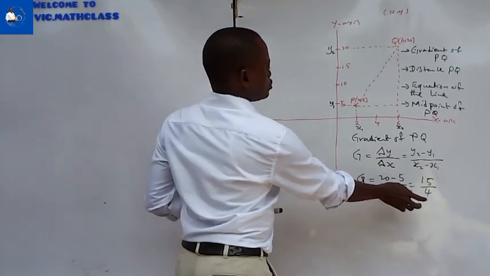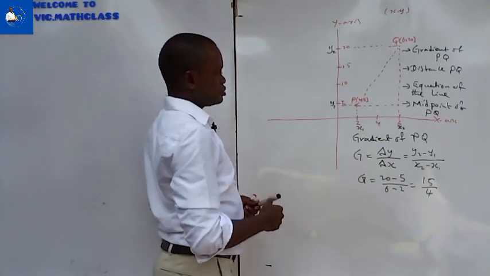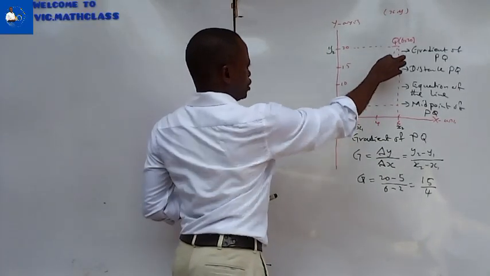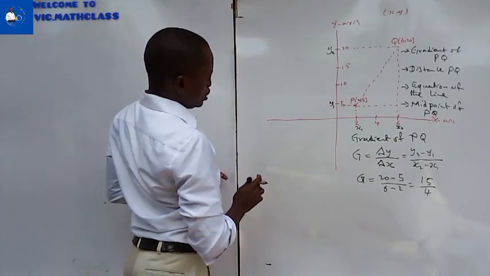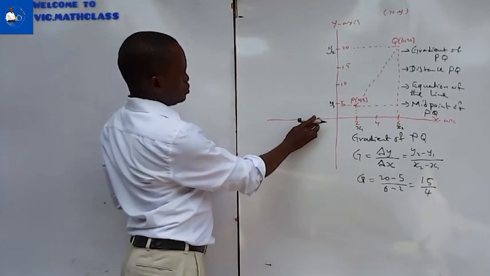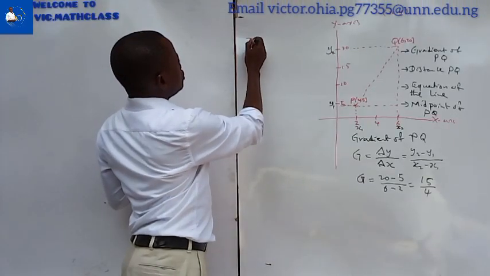We have looked at the gradient of this line. Second is the distance between here and here, distance PQ. In doing that, permit me to adjust this and make something here.